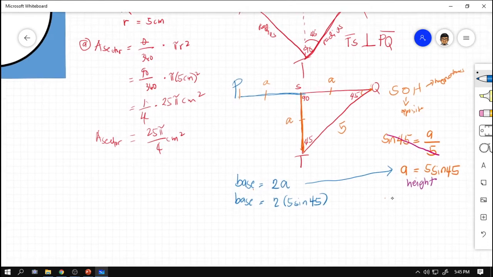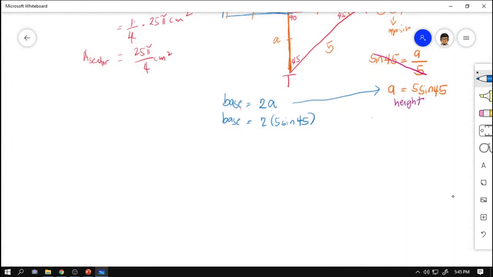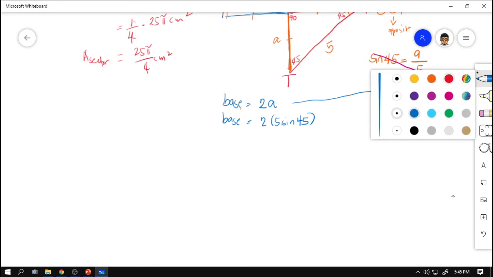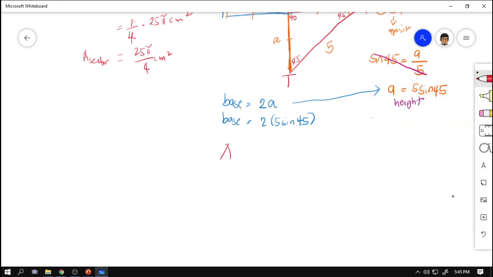Okay. And from there, pwede na natin kuhanin yung area ng triangle natin. So, the area of triangle PTQ is equal to 1/2 base times height. So, 1/2 of base natin, 2. Ayusin ko lang.